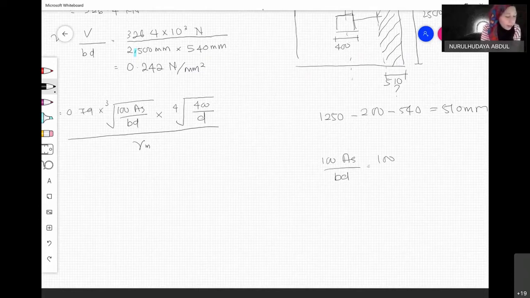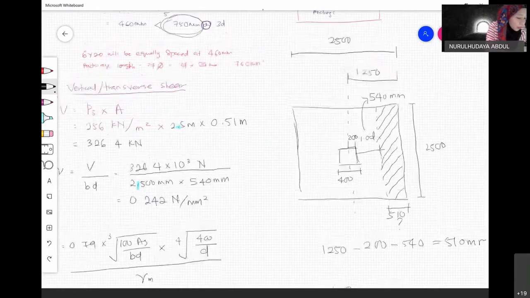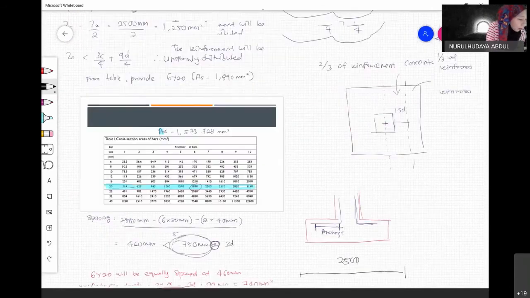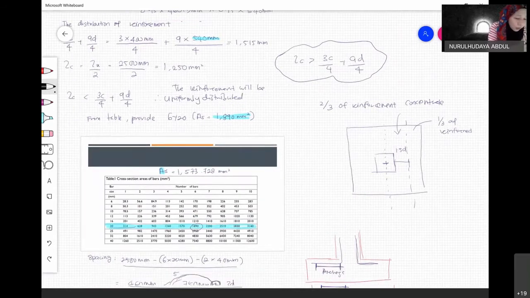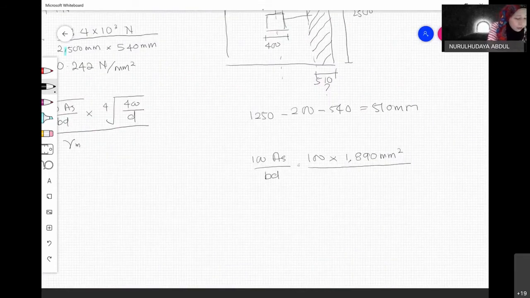So here the AS provided, not AS required. So you just take the AS provided, which is, where is our AS provided? Okay, this is 1890 mm square. Okay, the one we provide, how many bars we put, we take that one, 1890. Divide by B, so the B is 2500 mm and D is 540 mm.